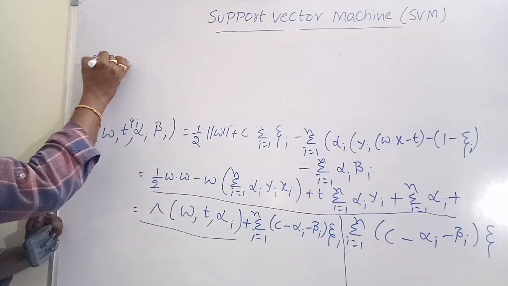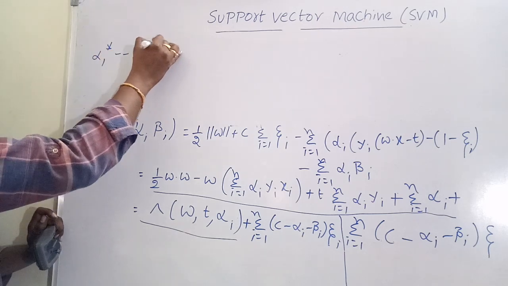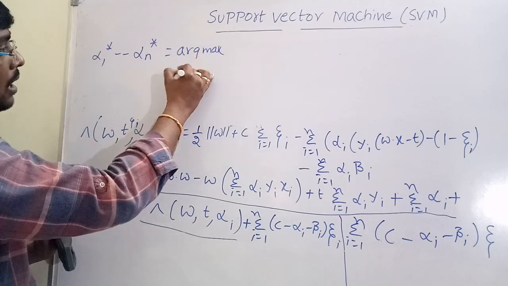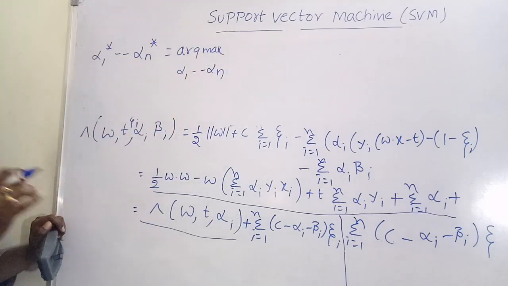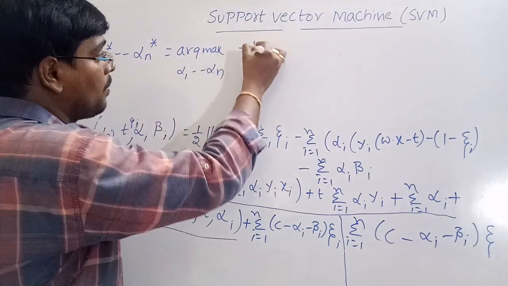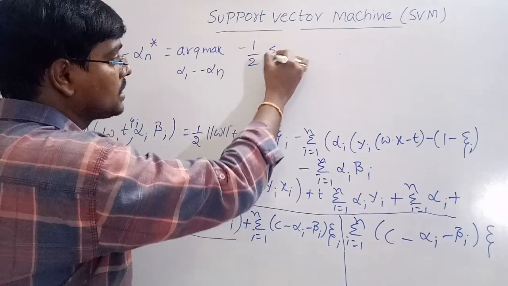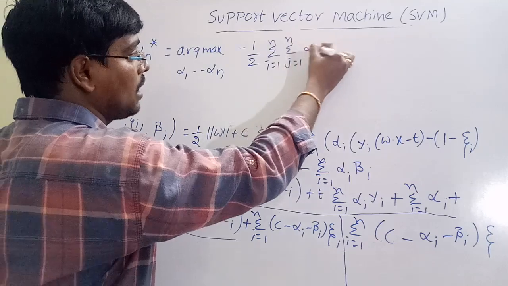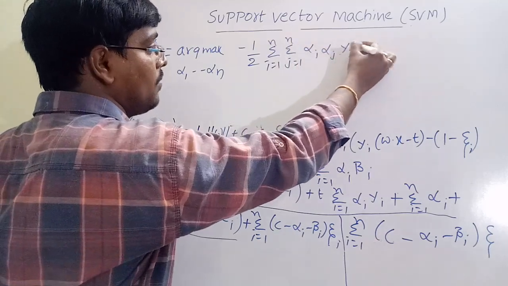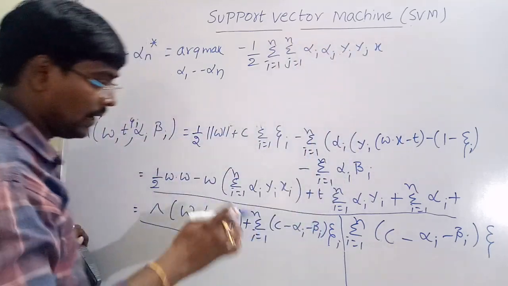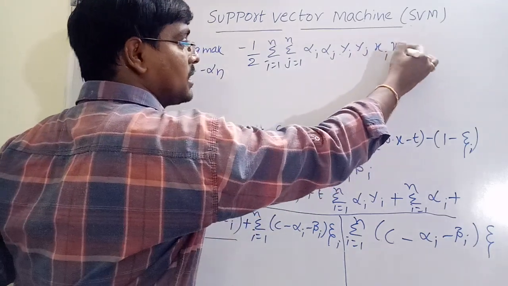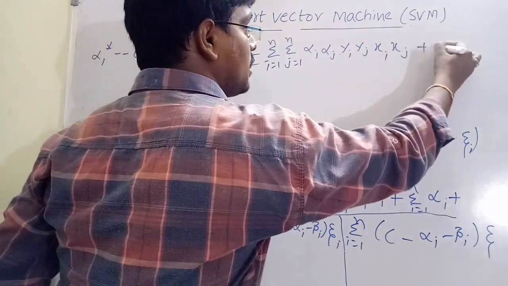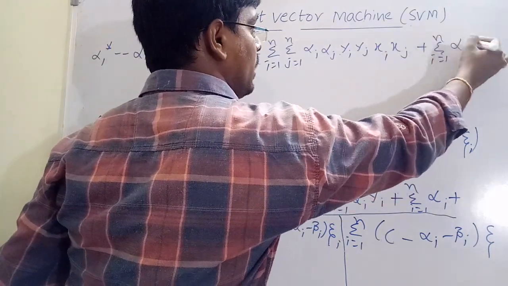Alpha 1 star to alpha n star is equal to the argmax over alpha 1 to alpha n of minus 1 by 2 sigma i equals 1 to n, sigma j equals 1 to n, alpha i alpha j yi yj xi xj, plus sigma i equals 1 to n alpha i.